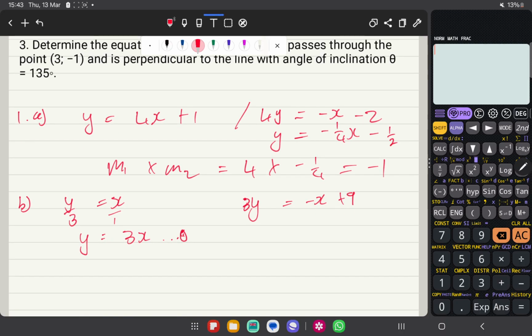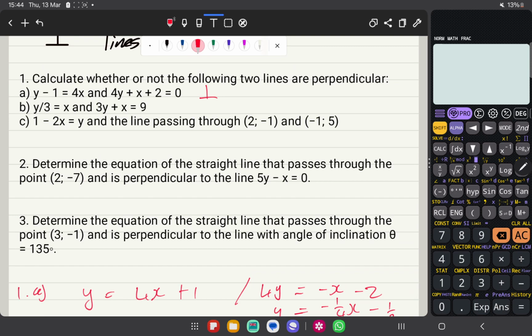Now I do the dividing. I have minus 1 over 3 x, plus 3. Then I say m1 times m2. That is 3 multiplied by negative 1 over 3. That is, bam, minus 1. So my lines are perpendicular as well.